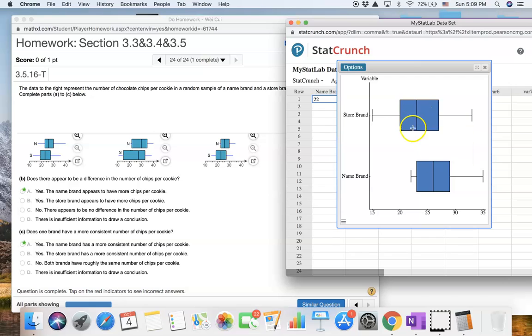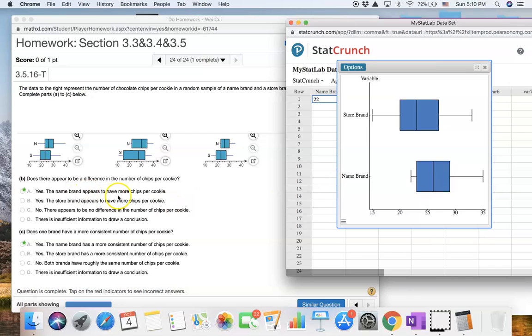Okay. So for the store brand, the median is about 23, and for the name brand, the median is 26. So I know the name brand has more chips per cookie.